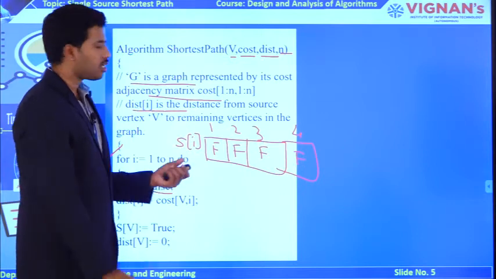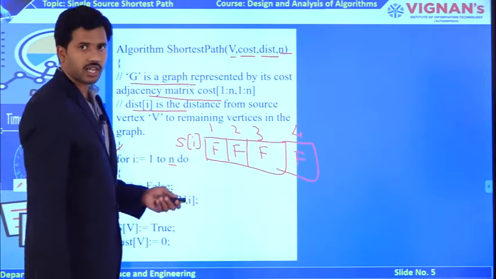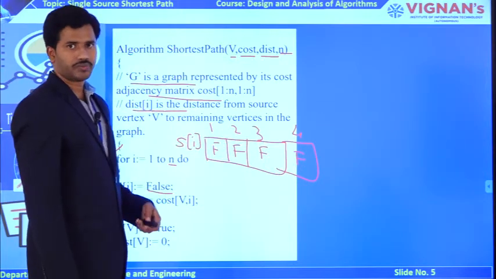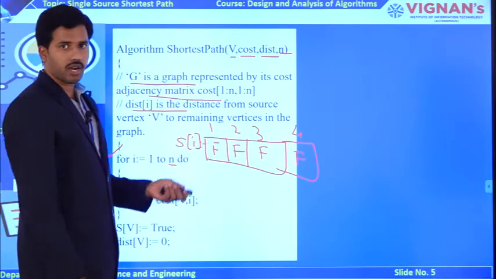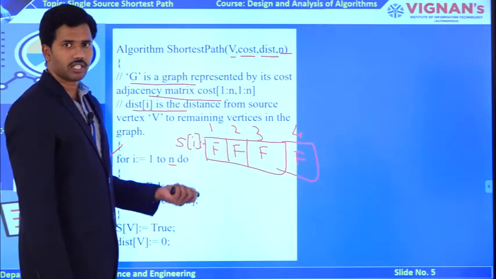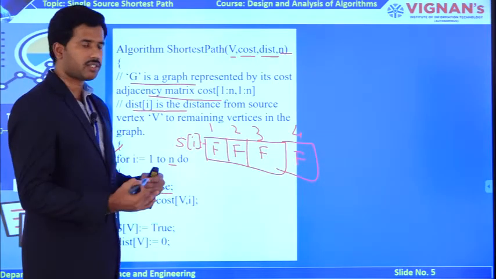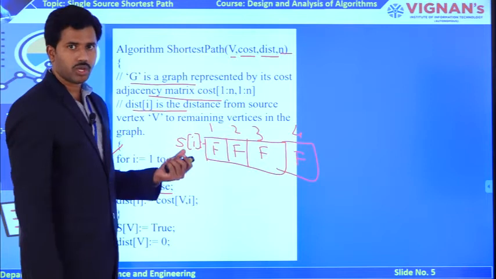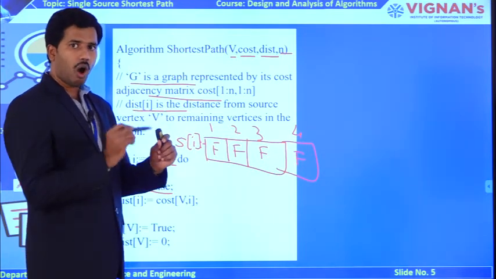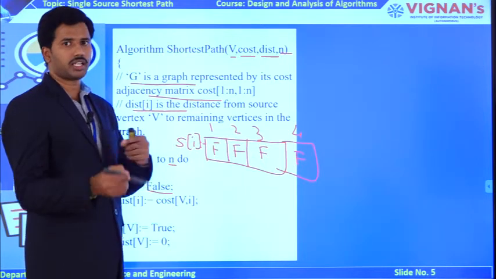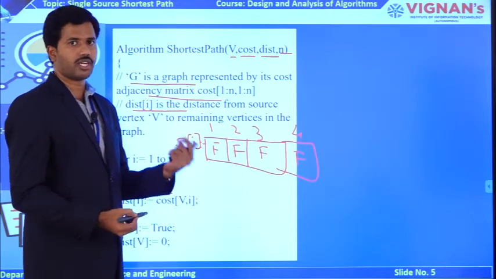If I visit any vertex, I need to update the corresponding index from false to true. If the values are initially filled with false, that means I haven't visited any vertex till now. After visiting each vertex, I change its false value to true, so that I can verify whether the selected vertex is already visited or not, and my algorithm starts tracing to find the optimal path.